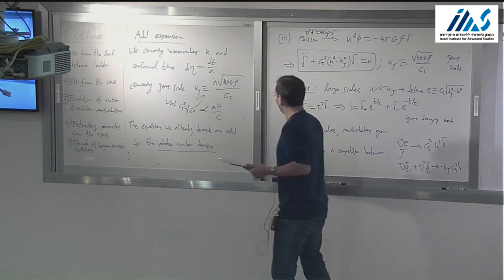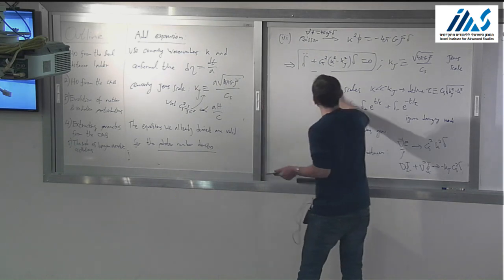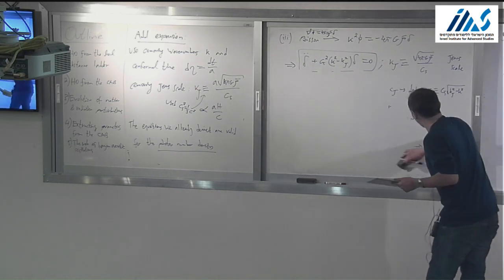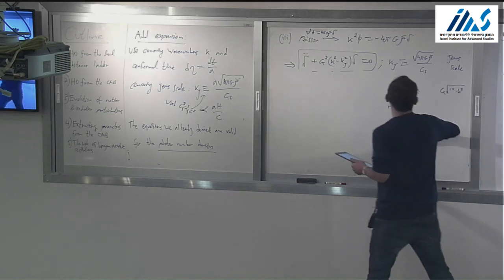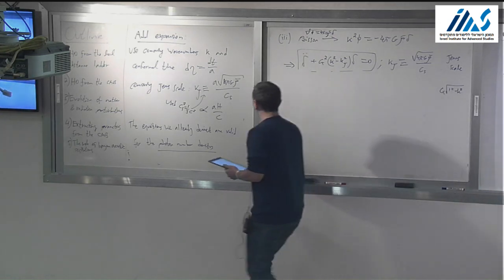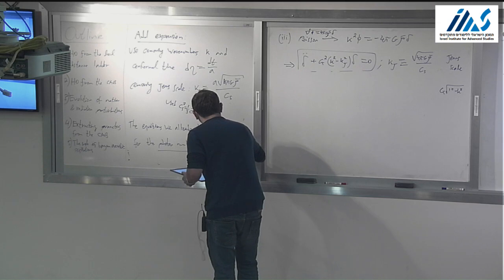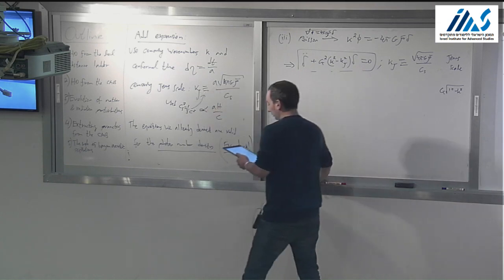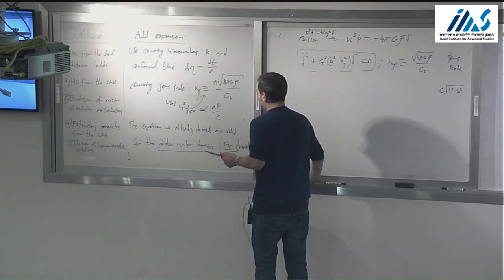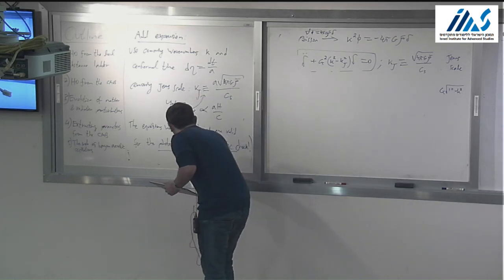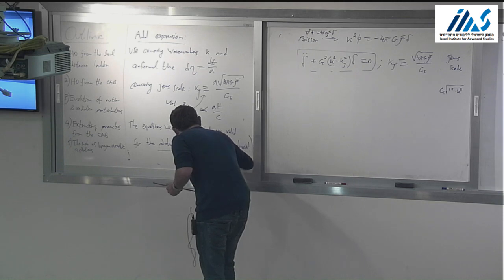We'll see later that they're not valid for other stuff, but you can check that they are valid specifically for the photon number density. Exercise: check. So you can do this at home. And we will also get back to this.